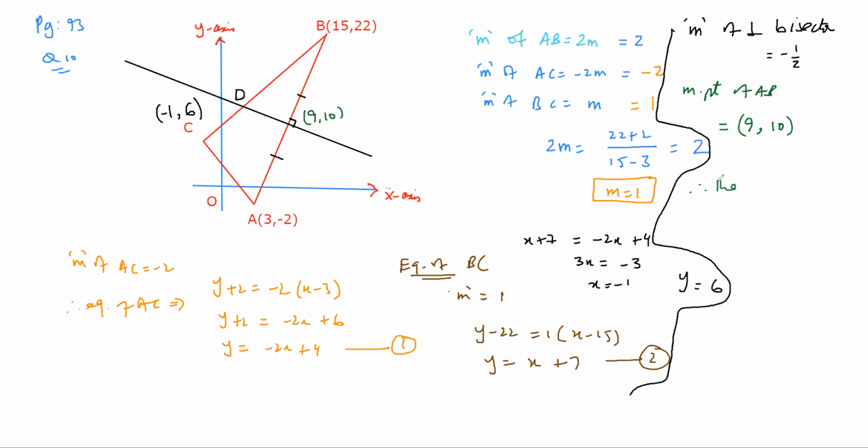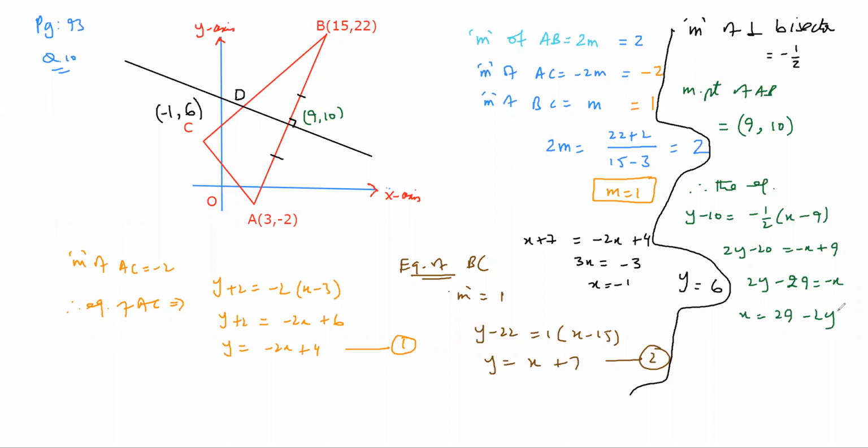Therefore, the equation is y minus 10 equals minus half into x minus 9. So this is 2y minus 20 equals minus x plus 9. So this is 2y minus 29 equals minus x. So x is 29 minus 2y.